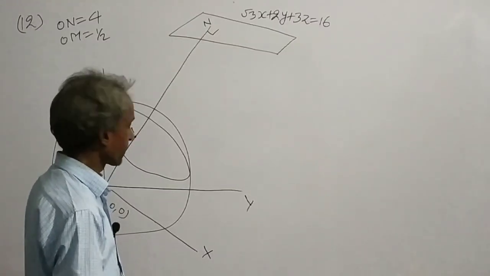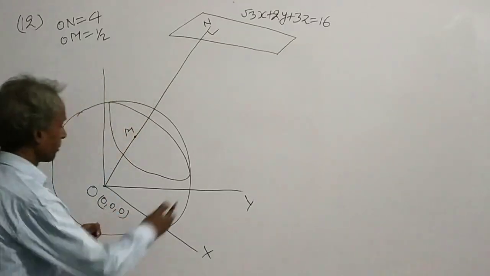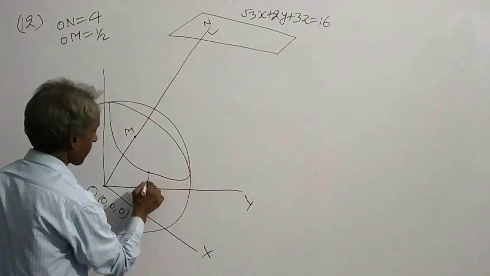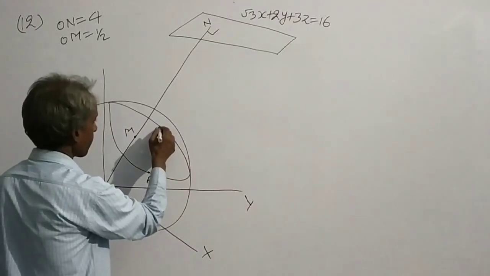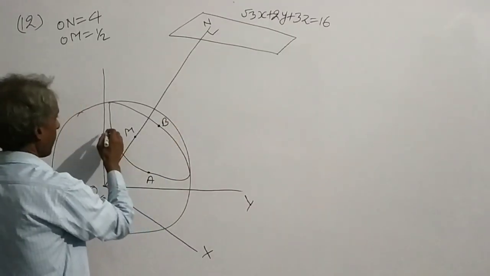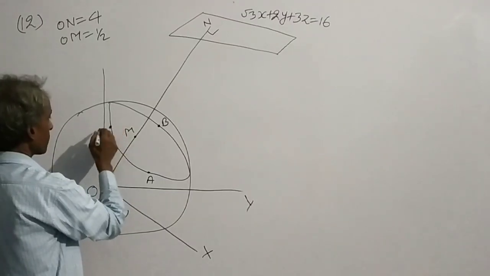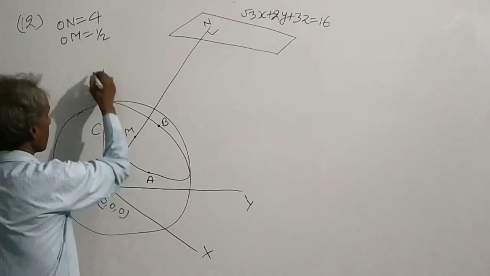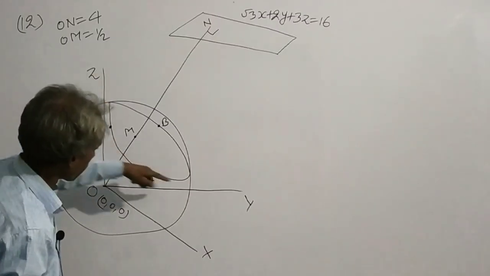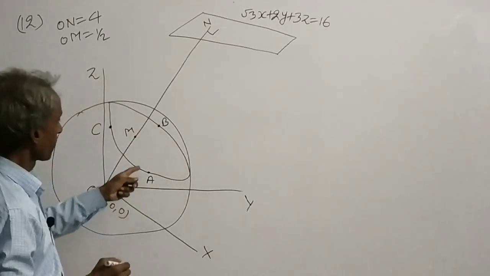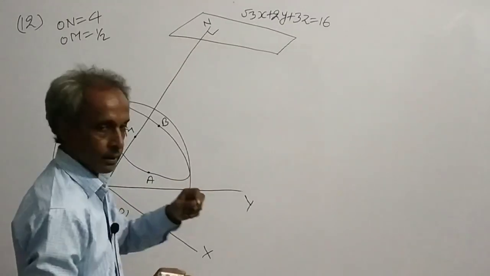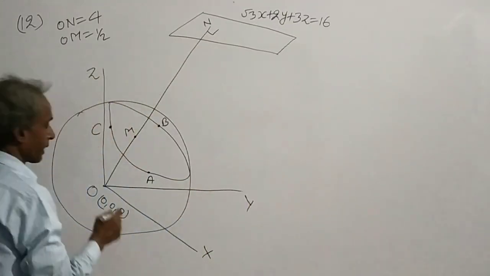Now we take 3 points A, B and C on this circle such that ABC makes an equilateral triangle.